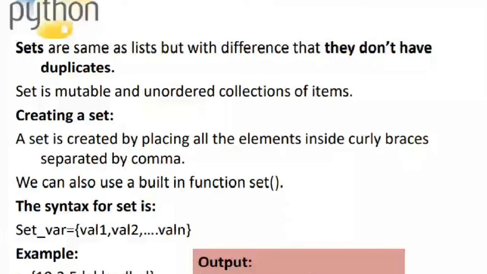What does that mean? When you print the output of the set, say you have given 1, 2, 3, 4, don't expect the same order to persist in the output. Maybe it will be 3, 4, then 2, 1 and so on. So the order will not be there, which is why we say it's an unordered collection of items.